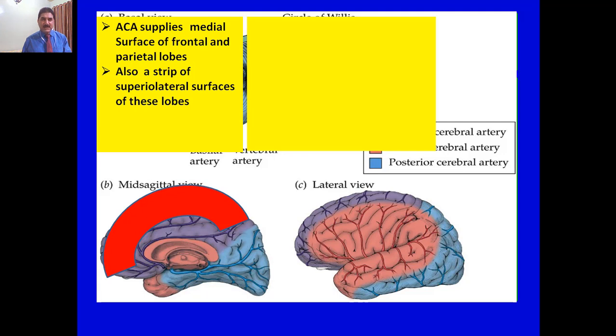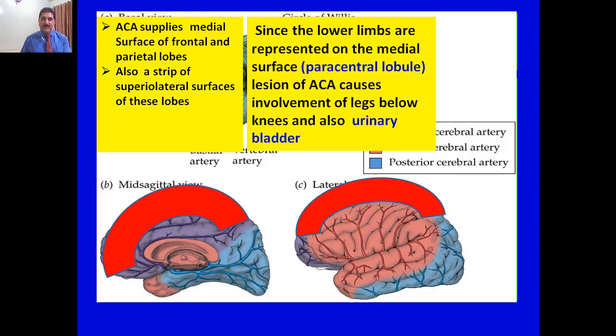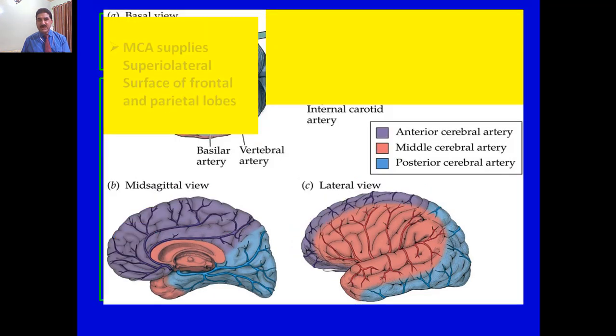It also supplies a strip of superolateral surface of these lobes. Since the lower limbs are represented on the medial surface, that is in the paracentral lobule, lesion of anterior cerebral artery causes involvement of the legs below the level of knees, and also it involves the urinary bladder, which is represented in the paracentral lobule.